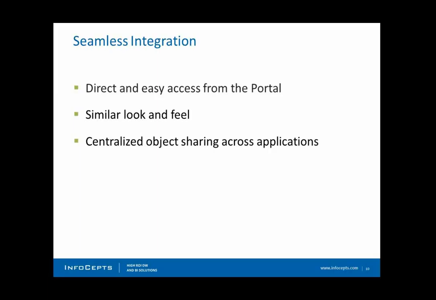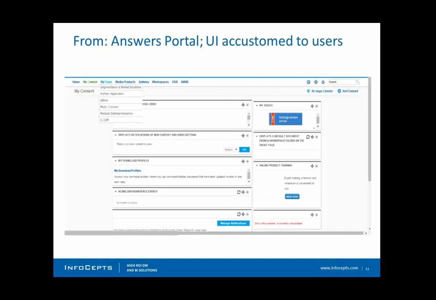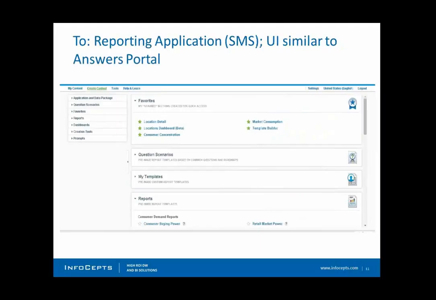Let me show you some of the examples. So think of this as a central repository or gateway where all your customer-facing applications would start. This is the UI that the users have been accustomed to. Once you log in, you see how the drop-down gives you all the applications that you have access to. Once you click a specific application, it takes you to the landing page of the application.